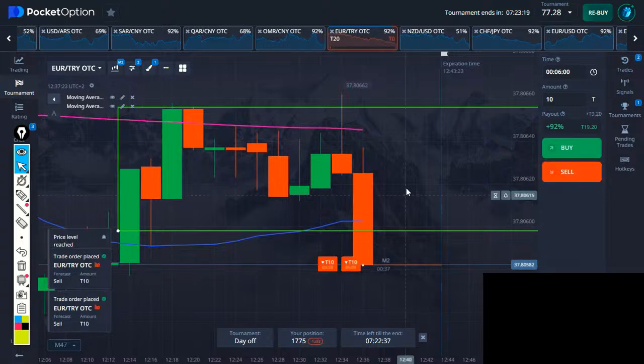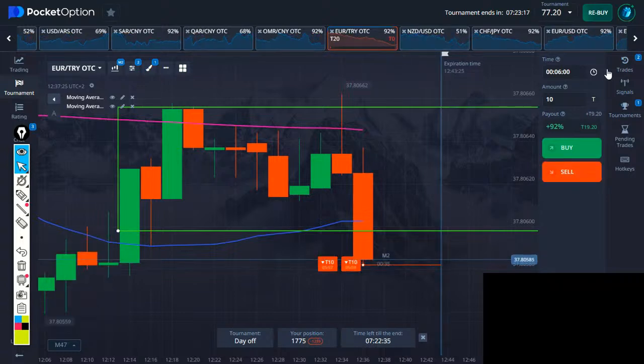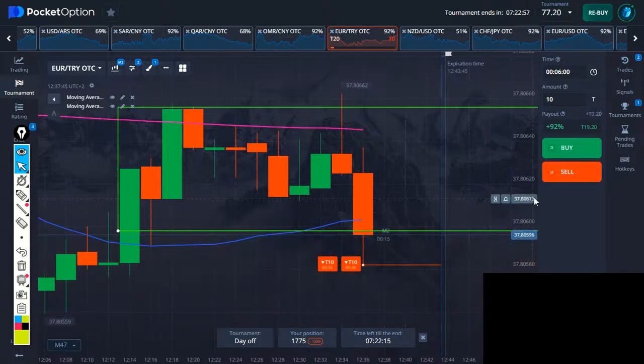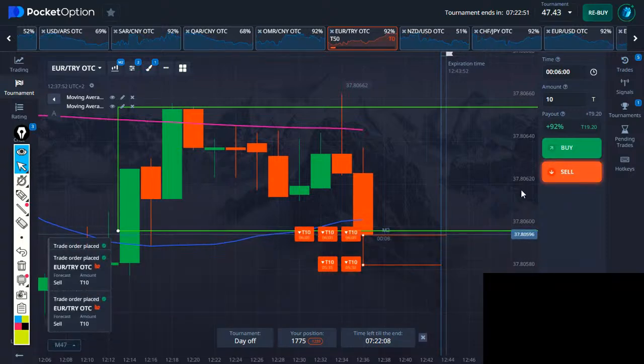That's it. Beautiful. Sellers are very strong here. However, it broke. It already broke, so I still can enter three more trades here.